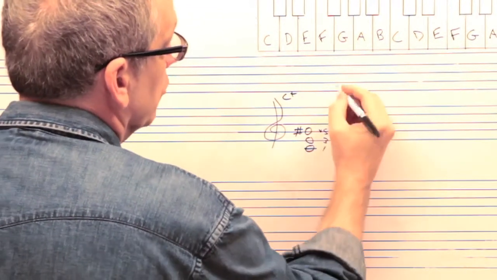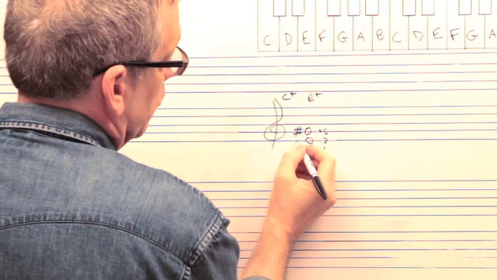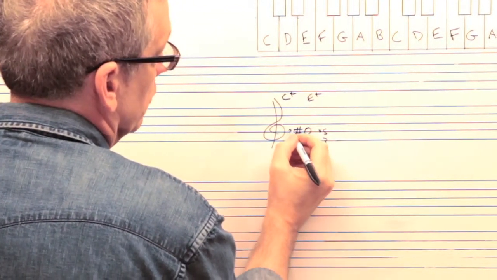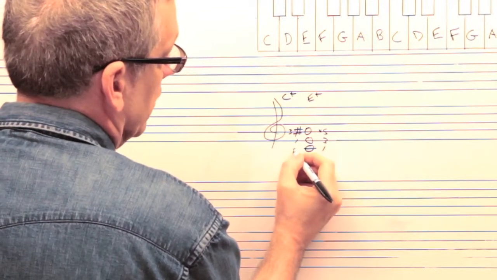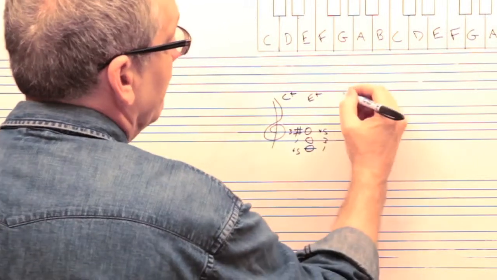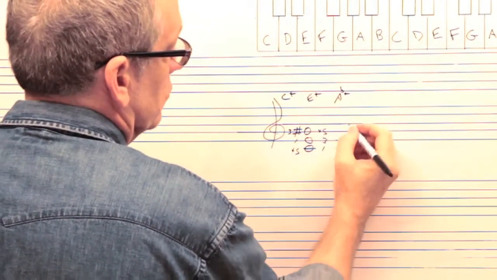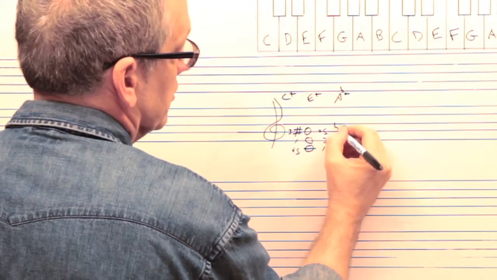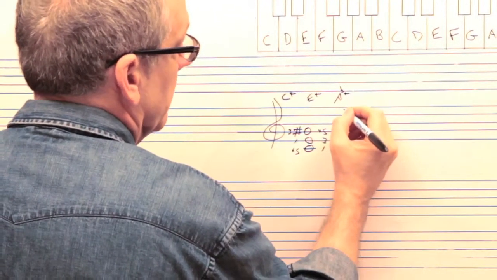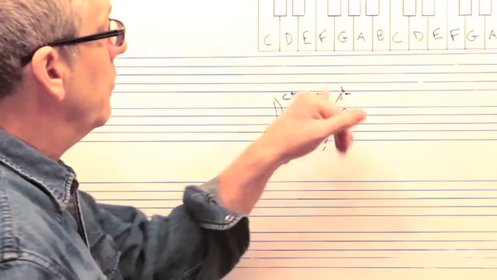Now this also can be an E augmented chord, where this is the root, the third, and the plus 5, or it can be an A flat plus. So our G sharp is the same as A flat, right? And our C and our E natural give us the rest.